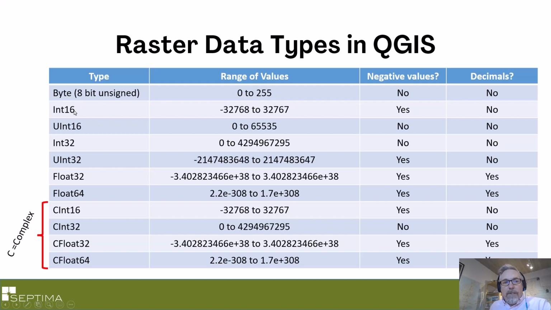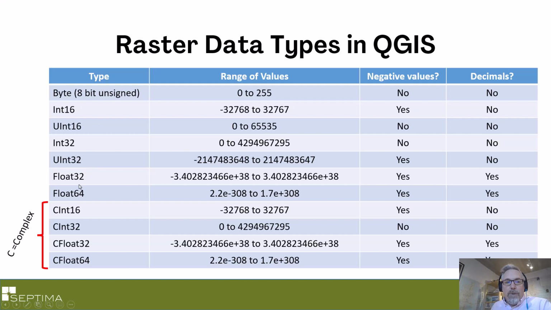Moving from 8-bit to 16-bit greatly increases the number of values we can store. This is a signed integer, so it can store negative values. The unsigned 16-bit integer can store the same number of values, but here it's only positive. So it goes 0 to 65535, whereas here we have negative numbers that can be stored. And so on. This is a 32-bit integer.